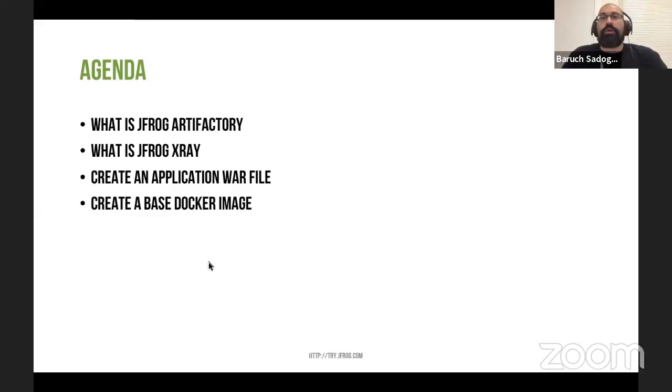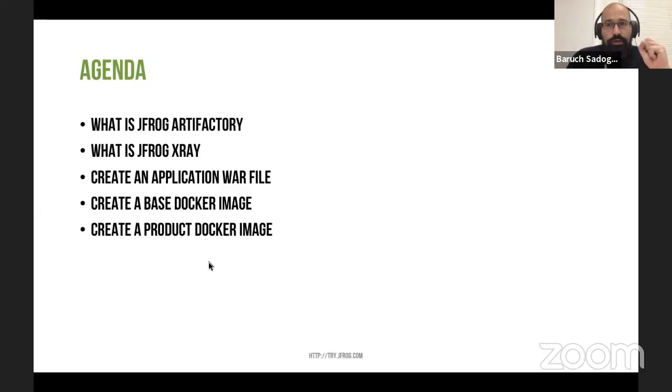And then we'll create a base Docker image from one of the base images available on the internet, and eventually create a product Docker image. We will containerize our application file inside a custom Docker image.